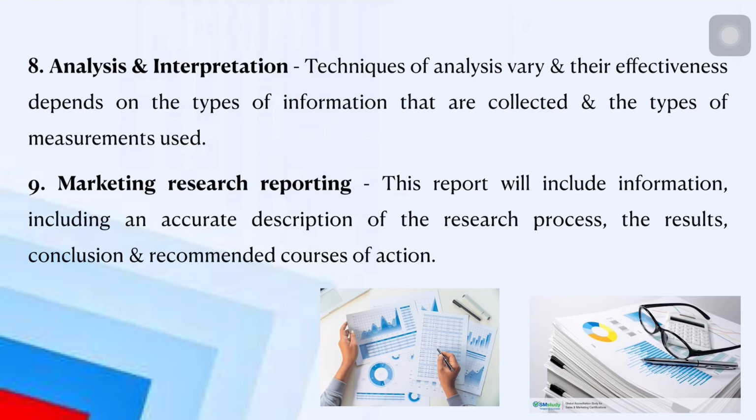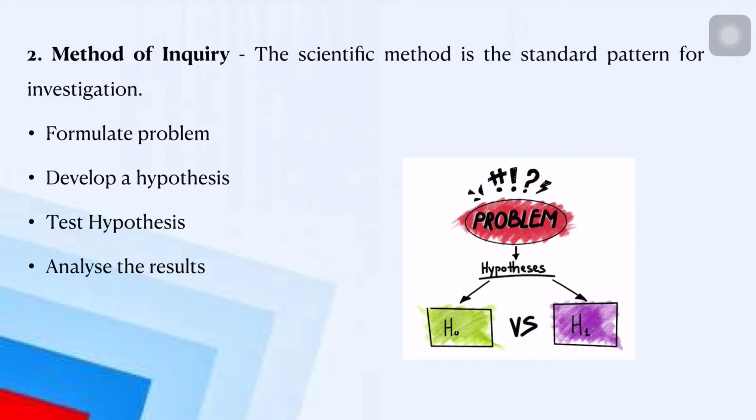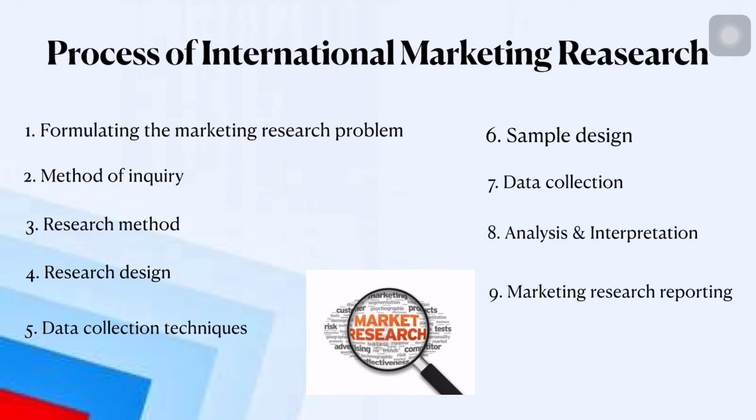So once you submit this last report, it is up to the management to take up the decisions which would provide a solution to the problem being faced. So these are the 9 different steps that consist of international marketing research.